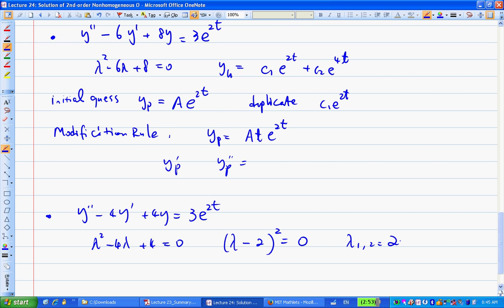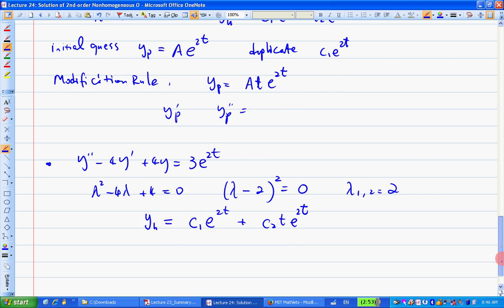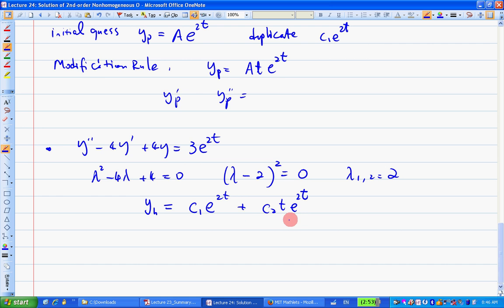And when you have a double root, what is the solution for the homogeneous one? yh, which is C1 e to the lambda t plus C2 t e to the lambda t. That's right. You should memorize this by heart. So this is your yh now.